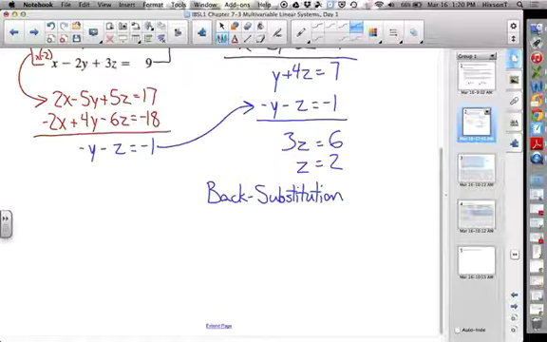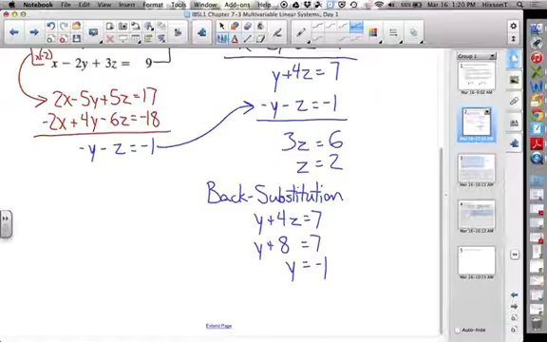I'm going to use this y plus 4z equals 7. I could use the negative y minus z equals negative 1, but if I plug in a 2 now, I have y plus 8 equals 7, which means y has to equal negative 1. Okay, y has to equal negative 1.